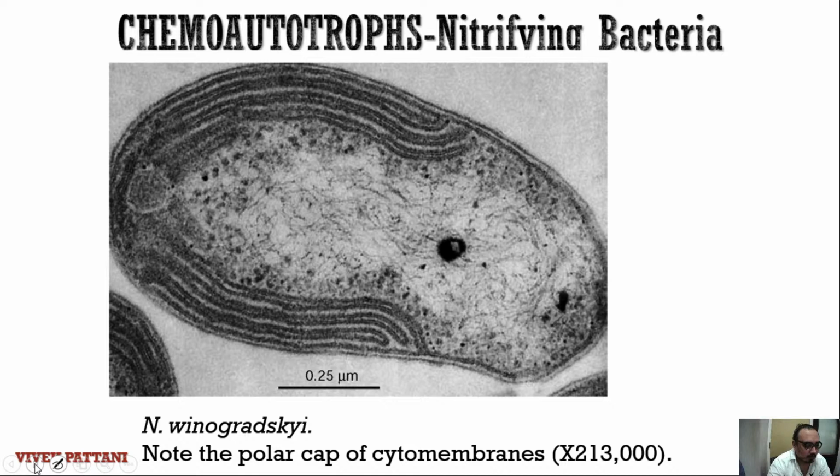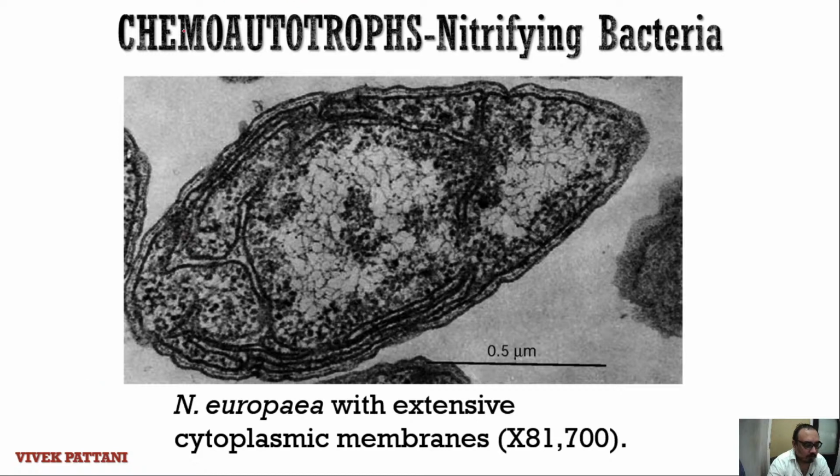Again, with the cap of cytomembranes, you can see here. Cytoplasmic membranes you can see clearly here, extensive ones. Now this one is a lobe structure.